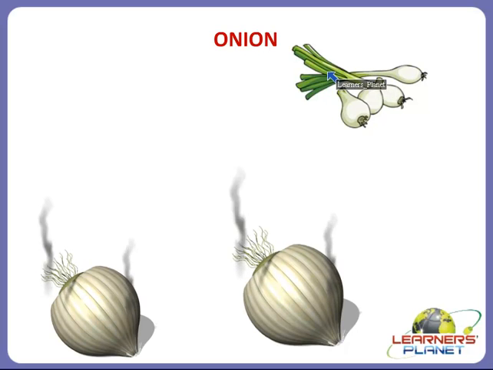So it possesses leaves but not the buds. Potato possesses buds or the eyes, but onion possesses leaves, right? But it is also a kind of stem that can grow into a new onion plant. Alright children? So this is the difference between the onion and the potato, but they grow from the stems.